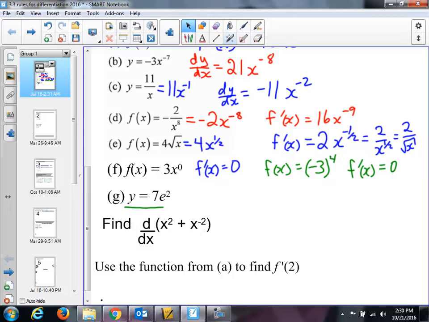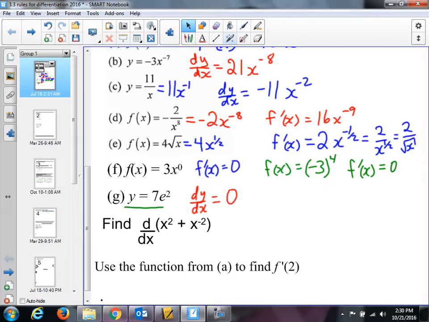It's a constant. I don't care what it is. All I need to know is the derivative is 0. Because if I graph this, this is the same value from left to right. It's a horizontal line if I graph y. So don't get tempted to say 14e. And that's usually first instinct, and that's why I'm showing these. Is 0. Okay?